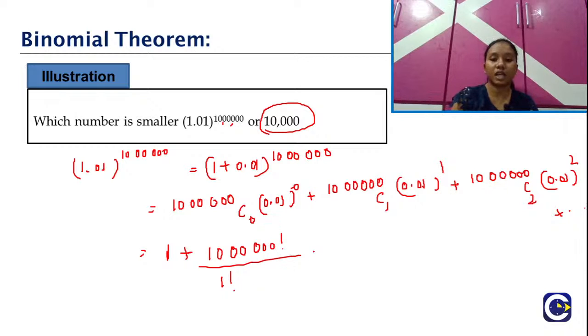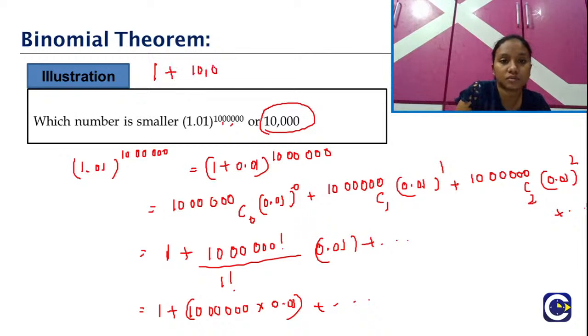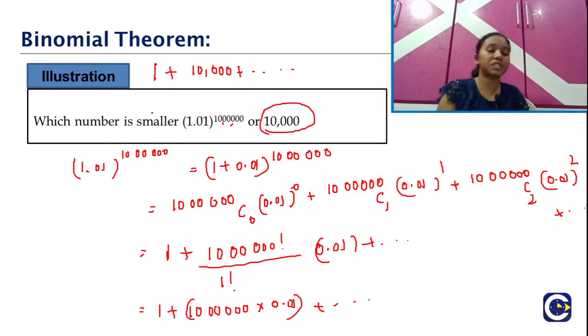So that will be getting cancelled, which means it will be remaining with 1 plus 10 lakhs into 0.01. So this will be the second term, and so on we'll be having. So what is this value of 10 lakhs into 0.01? That is nothing but 10,000. So here from the first two terms itself, it is coming to be 10,001.